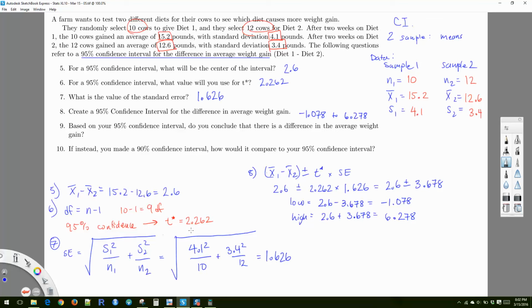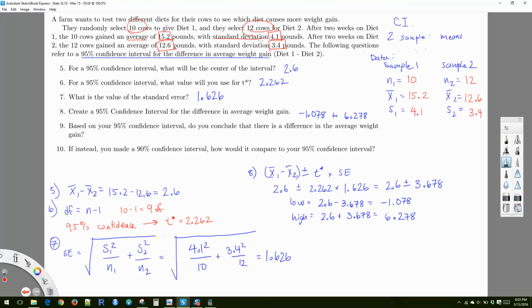Yes. Is there a specific indicator that's going to tell us if it's going to be mean or proportion? Like I know that you were just able to say that it's mean. There will not. I will not say anything on the test about whether it's mean or proportion. You've got to read through the question and see words like average, standard deviation that tell us we're dealing with means.